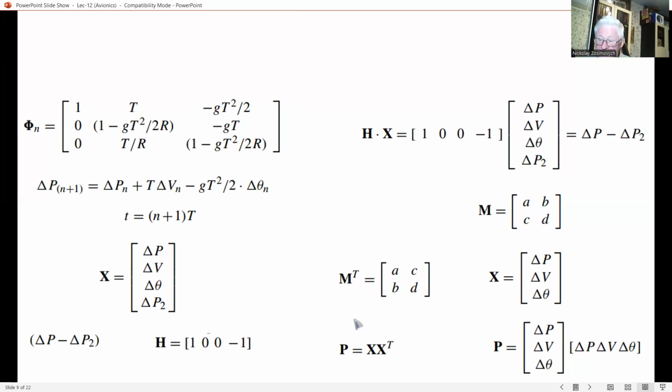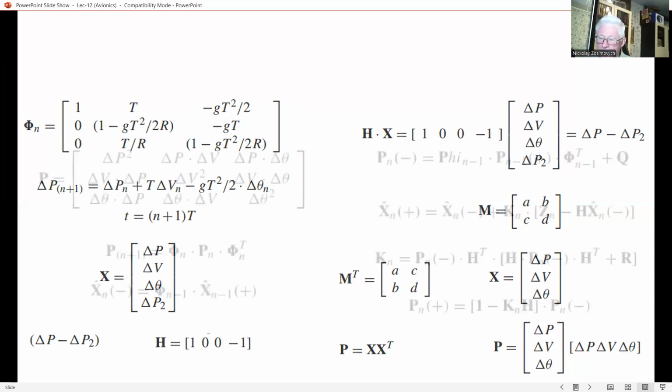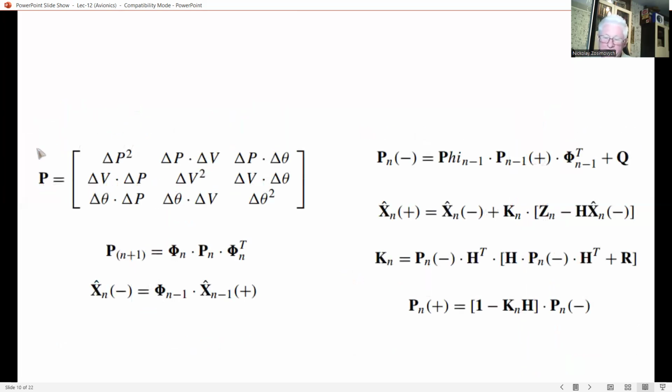And thus, P in vector form will be equal to X times X transpose. And P in matrix form will be represented as this expression on the bottom right corner of the slide. Okay? So we may represent the P matrix in the final expression as this one on the top left corner of this slide.